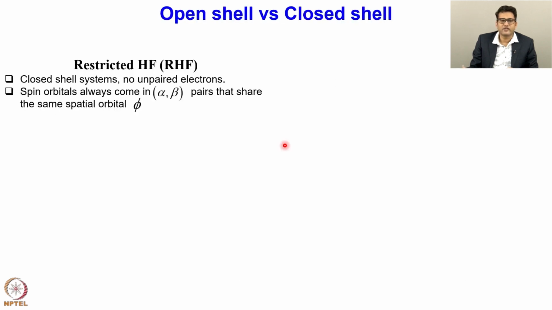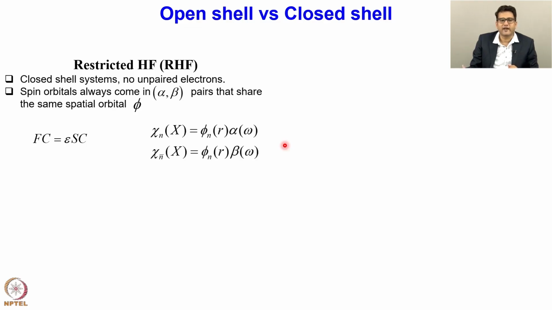Now, if I want to see into the mathematical picture of what goes on, in the case of restricted Hartree-Fock, there are closed shell systems, no unpaired electrons, and spin orbitals always come in alpha and beta pairs that share the same spatial orbital phi. They are obtained from the solution of a single Fock operator, diagonalizing a single Fock operator. That is my pseudo-canonical eigenvalue equation FC equals ESC.